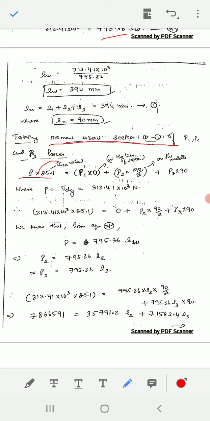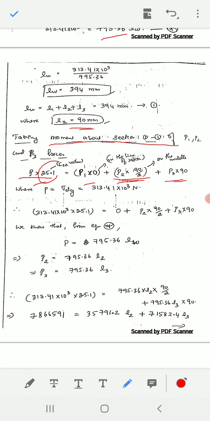That is equal to P1 into 0 plus P2 into 90 by 2, that is whatever the L2 value is, and P3 into 90. This has to be calculated by seeing the diagram, but you can simply remember it like this: P1 into 0, P2 into 90 by 2, and P3 into 90. Here P into CXX value, that is 25.1.